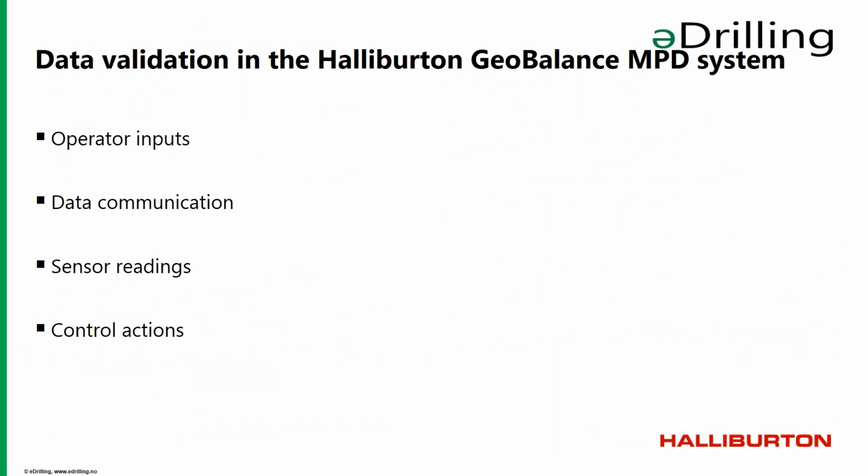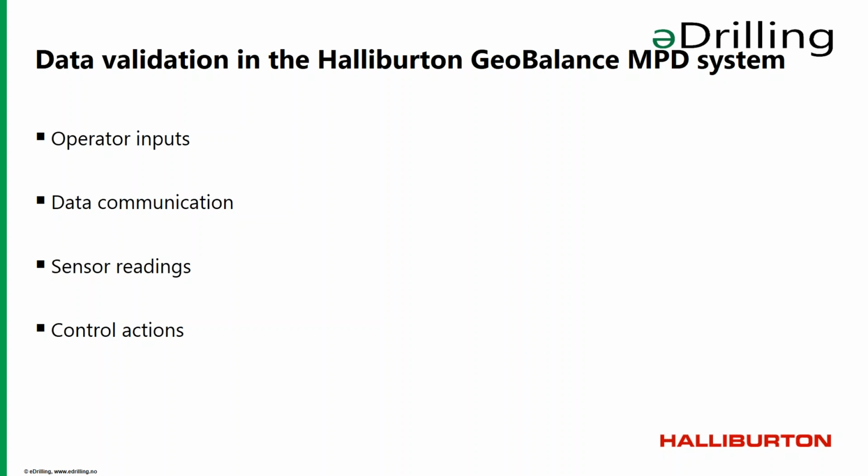Halliburton also has a data validation system built in, as everything comes in automatically, both all the data from the rig and operator values. It's important that all of these things are closely monitored at all times to ensure that the system responds accordingly.